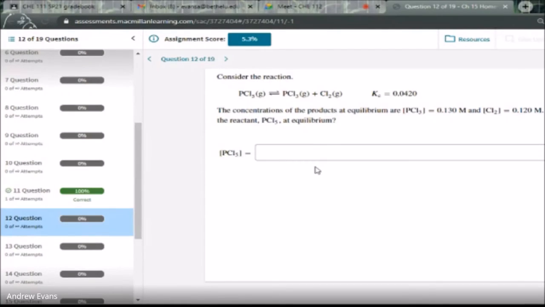PCl3 times Cl2 over PCl5. Set that up. That is equal to 0.0420 equals 0.13 times 0.12 over, we'll just say, x.